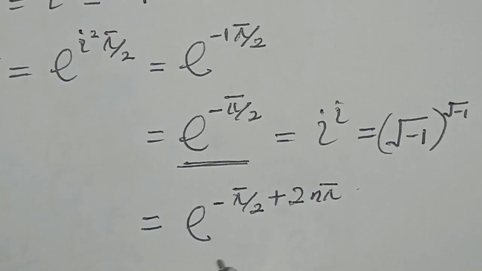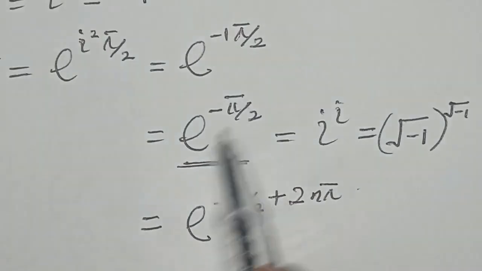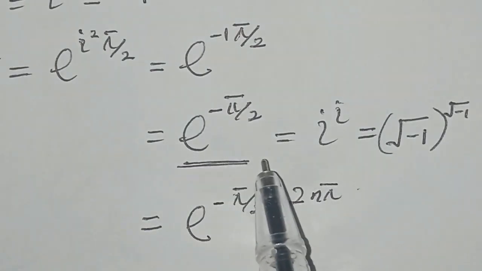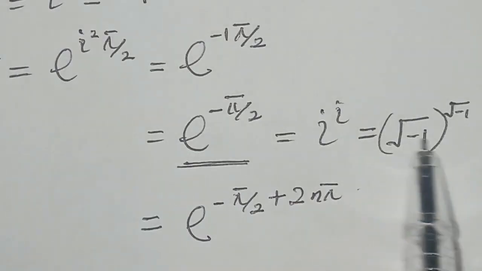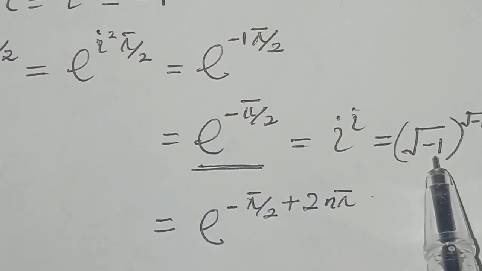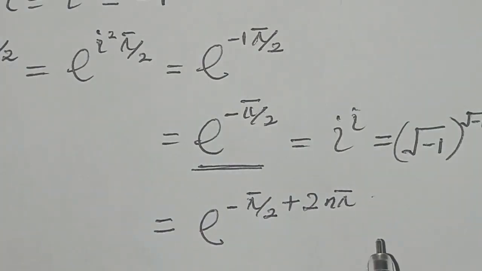So we can write it in this form as well, whereas this is more common in writing our value for the expression given earlier, which is square root of minus 1 to the power of square root of minus 1.